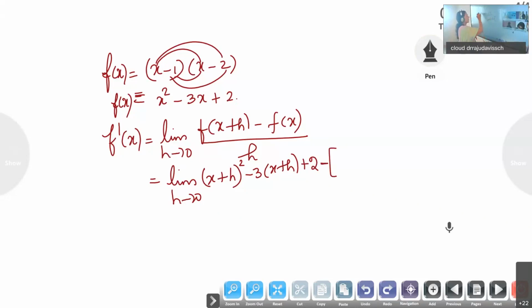What is f of x here? x square minus 3x plus 2. Whole thing by h.